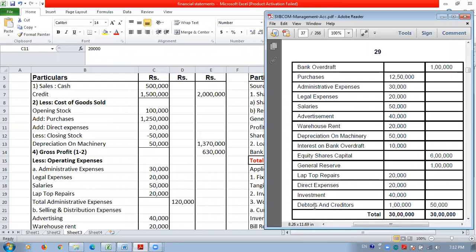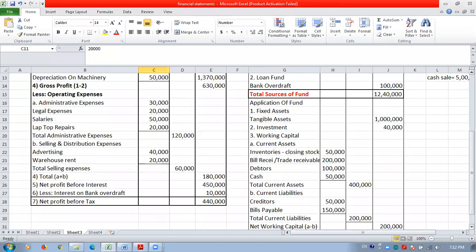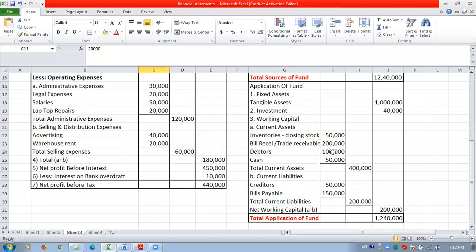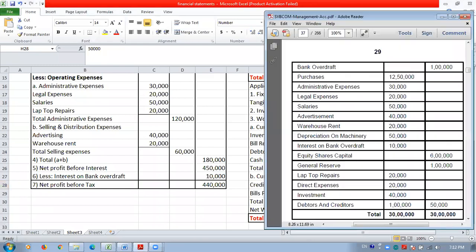Debtors always have a debit balance, here 1 lakh, and creditors always have a credit balance, in this problem 50,000. So debtors appear under the current asset head, 1 lakh, and creditors appear under the current liability head, 50,000. So all items of the trial balance are transferred, right?